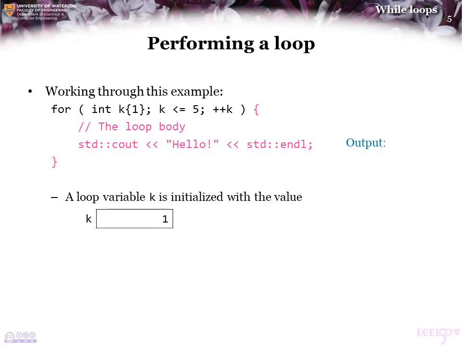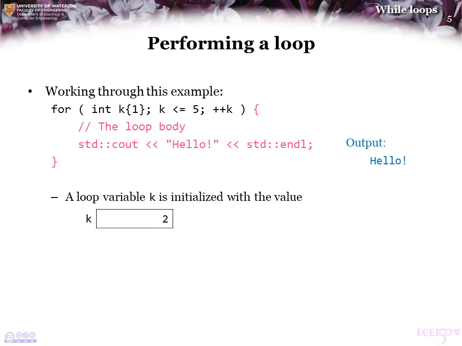Then we carry on and we check, is k less than or equal to 5? Yes, it is. And so we execute the loop body. That prints hello. At the end of the execution of the loop body, we then execute the update statement, which is increment k. So now k is equal to 2.